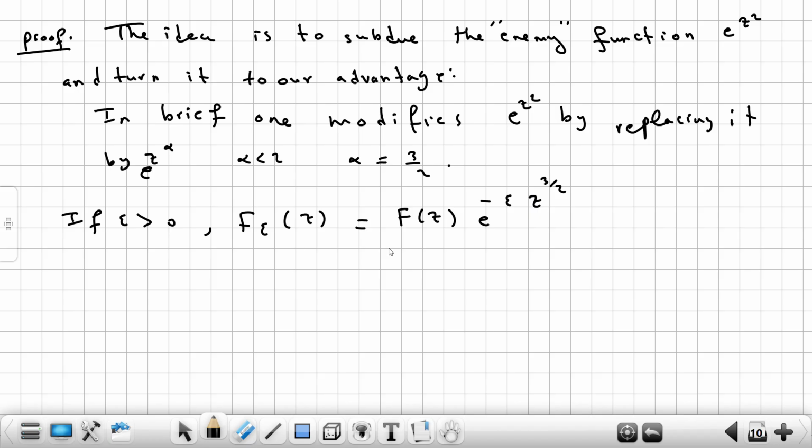Now, if we suppose that z is equal to r e to the power i theta, theta belongs to minus pi to pi, so we are working in the principal branch, then z power 3 over 2 is nothing but r power 3 over 2 e to the power i 3 theta over 2.